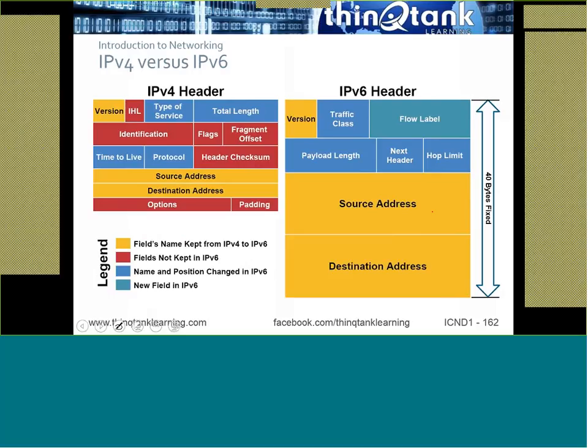The other interesting concept is no identification flag or fragment offset, because packet fragmentation is not allowed in IPv6. Routers are not allowed to divide data up into smaller pieces. Only the sending host can divide the data up at layer 4. So fragmentation doesn't occur anymore.